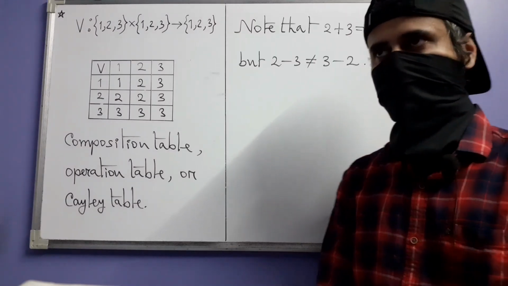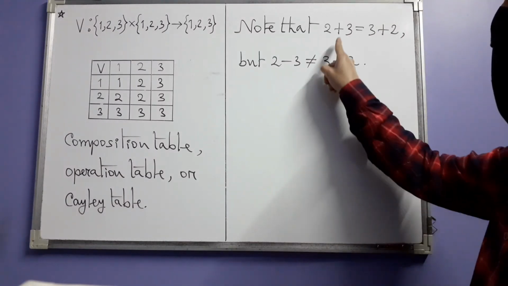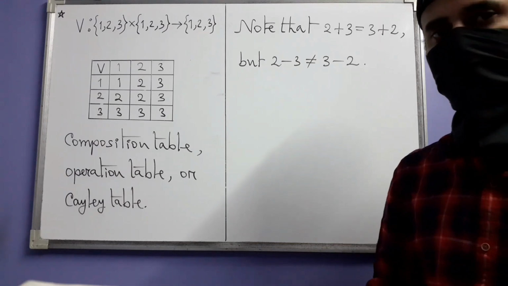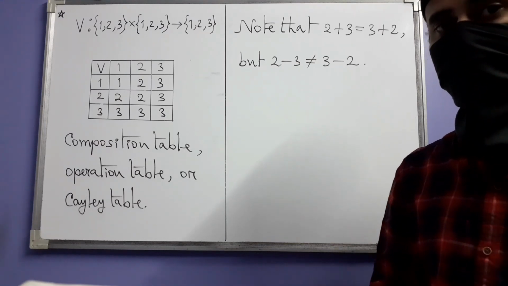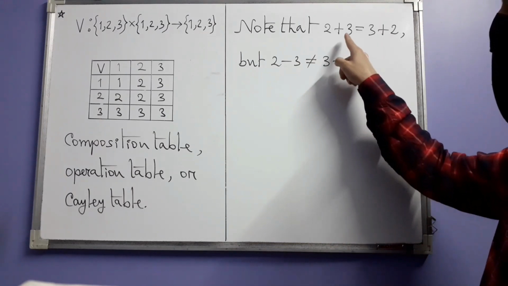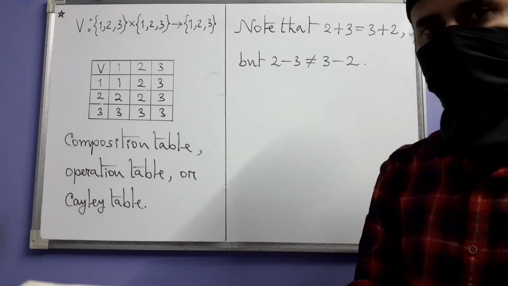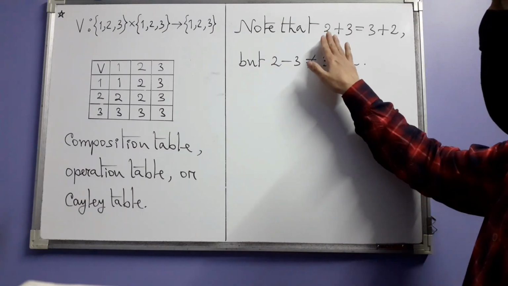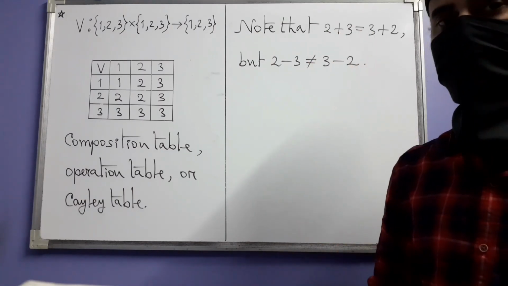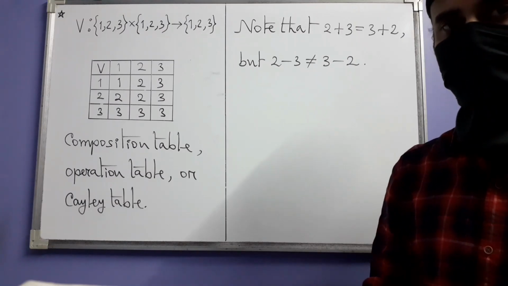Next, we note a difference between the addition operation and subtraction operation, a difference in their properties. The addition operation has this curious property that it does not matter in what order you add two numbers, the end result is the same.